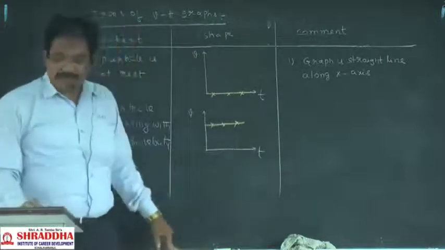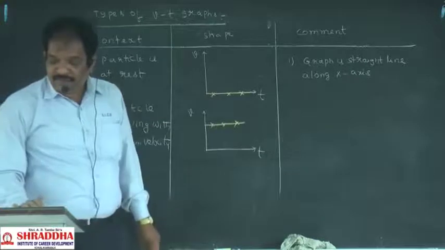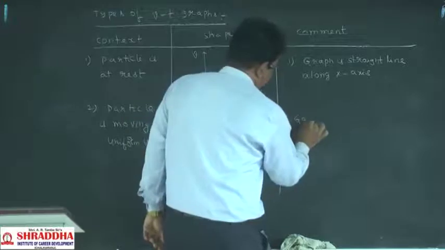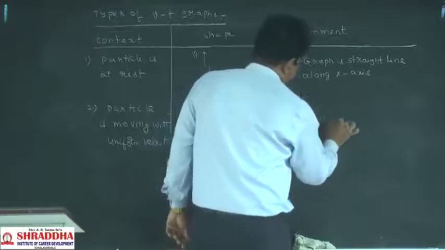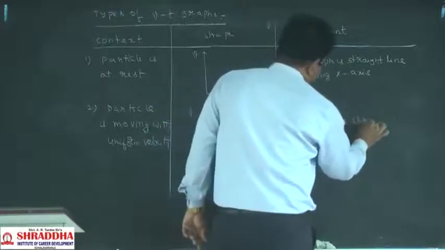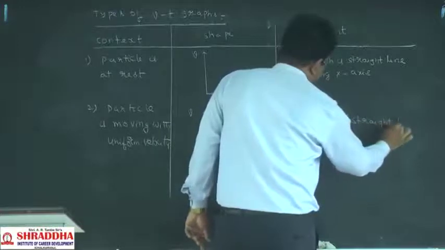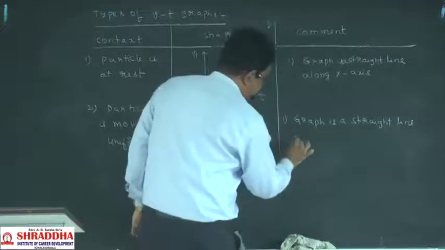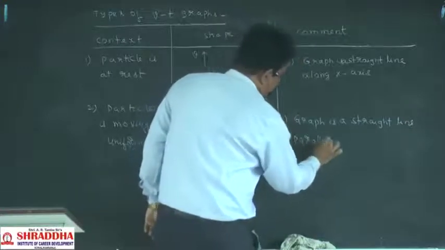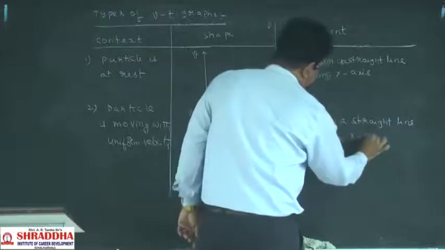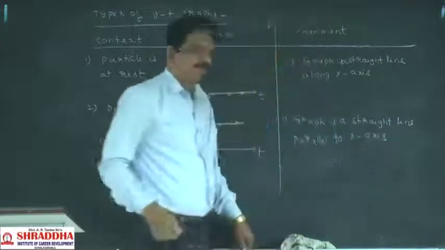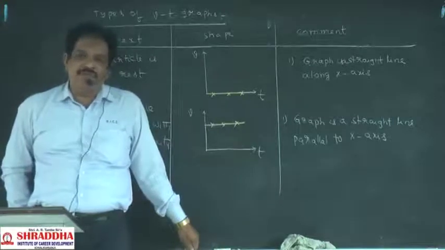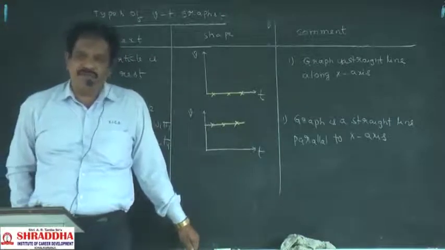So what we can say here, graph is a straight line parallel to x-axis. Then body is moving with uniform velocity.